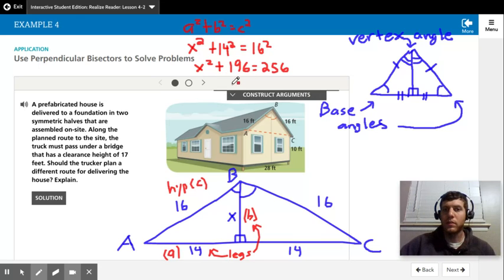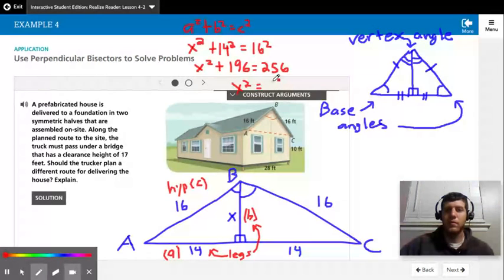So we subtract 196 from both sides, and we're going to get x squared equals, that's 56 plus 4, so that's going to be 60. Okay, that didn't work out. And then you got to take the square root of both sides to get rid of the square.